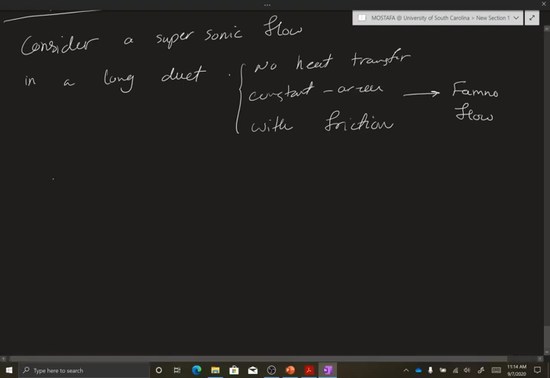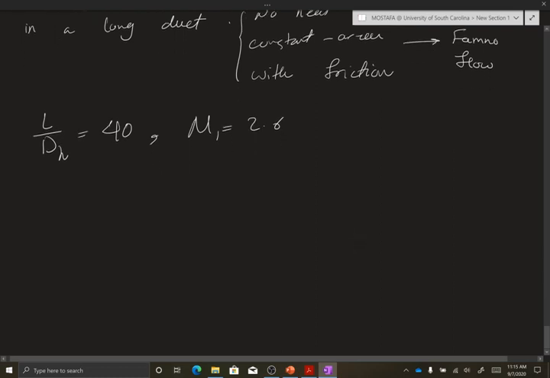We are given the duct length to diameter ratio, L to DH, is 40. The inlet Mach number is 2.6, and the average wall friction coefficient is given to be 0.005, right?